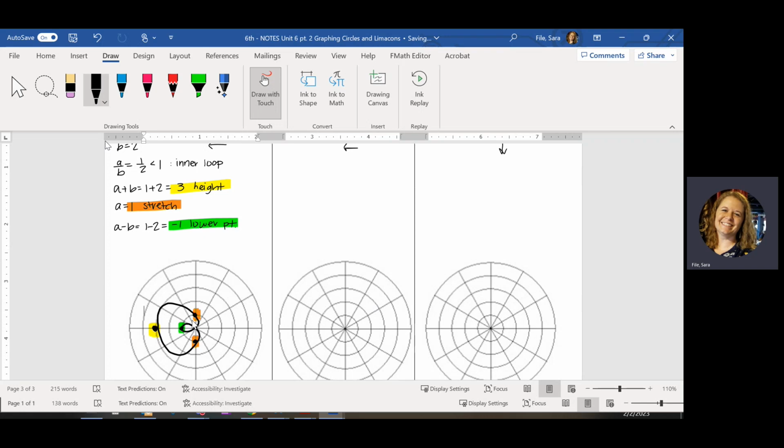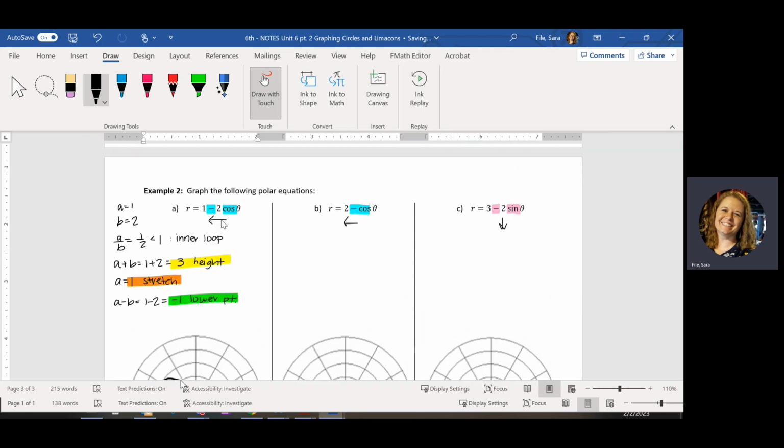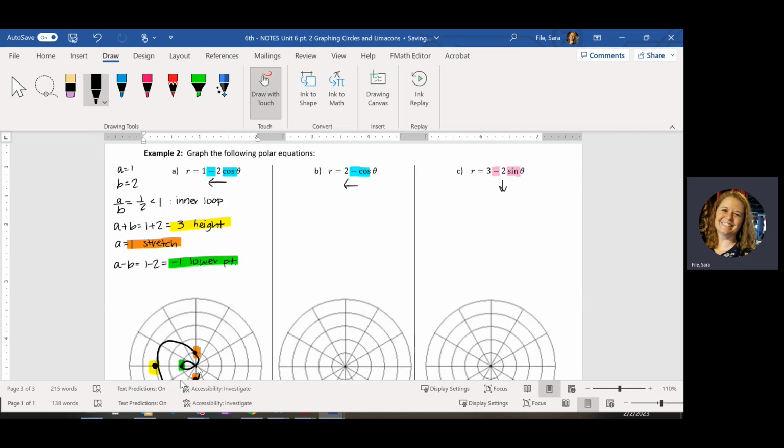Now, if I wanted to get this more accurate, I've got these lines drawn. This is at 30 and 60 degrees, right? In each quadrant, it's the 30 and 60 degree reference angle, these lines that are drawn out. I could make a table of values. I could plug in 30 degrees and solve this and see what R is and say, okay, at 30 degrees, this is how far out I should be.